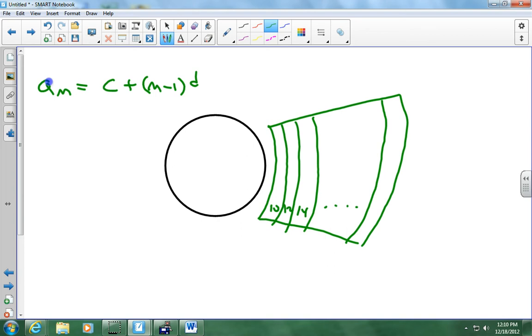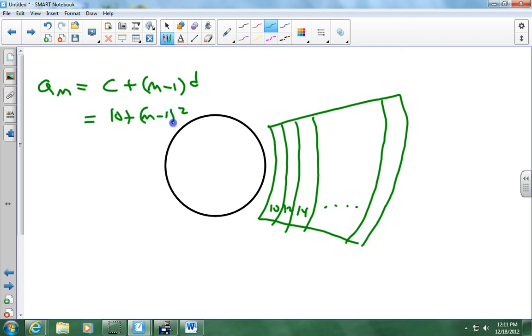So a sub 1 is 10. I want it so that if I plug in 1, I get 10. If I plug in 2, I get 12. Plug in 3, I get 14. So c is 10, and d is 2.